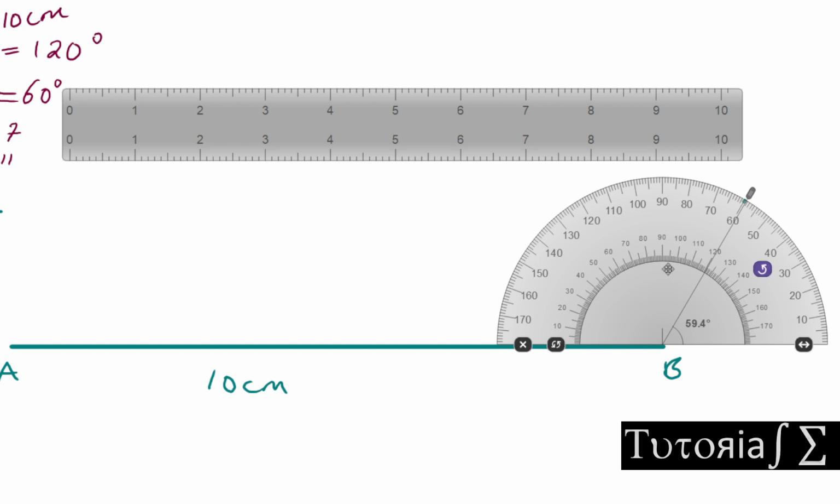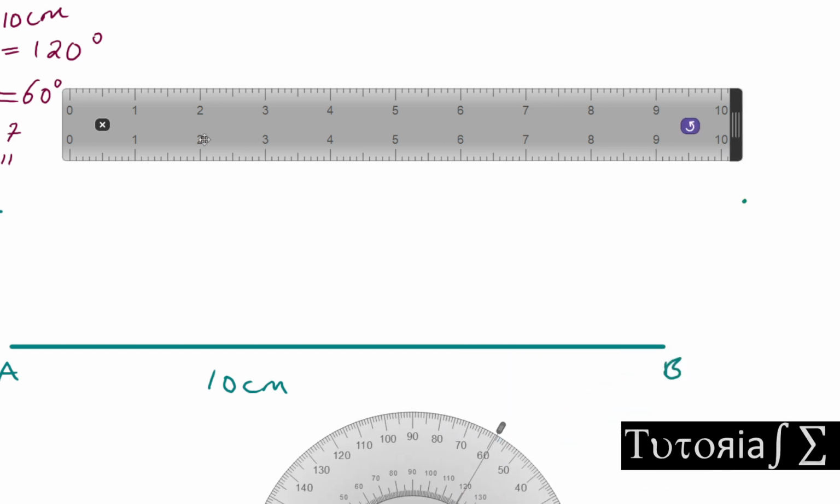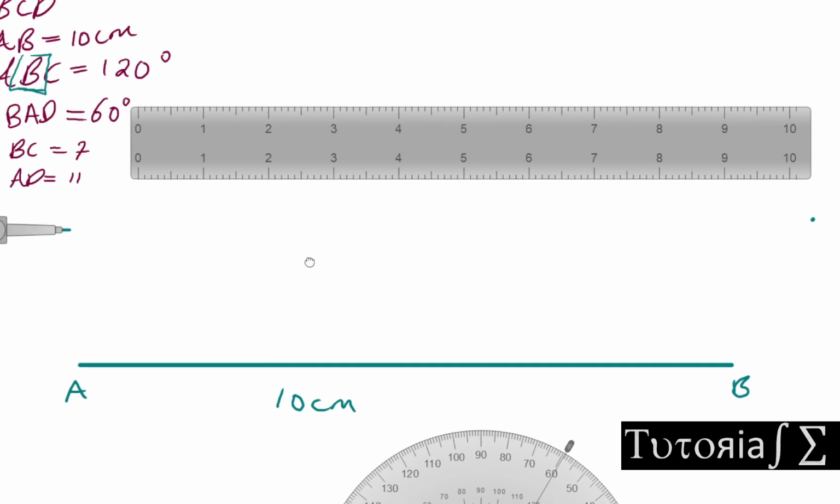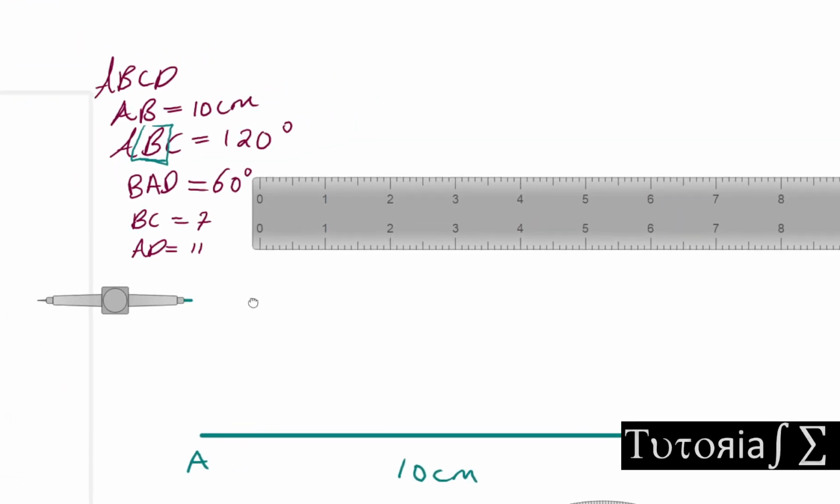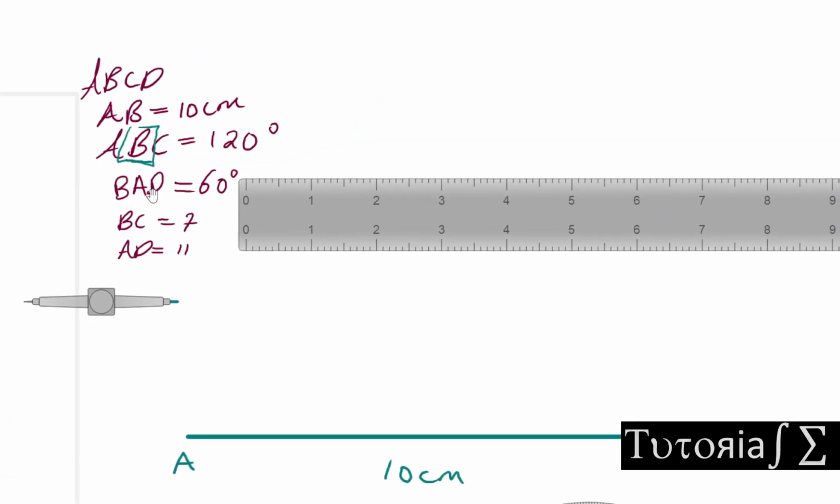I remove the protractor. Now I am constructing. I don't know the length from B to whatever point there, but I've also been given that BAD is 60 degrees. Again, the turning point is A, so this is where we should put our protractor.